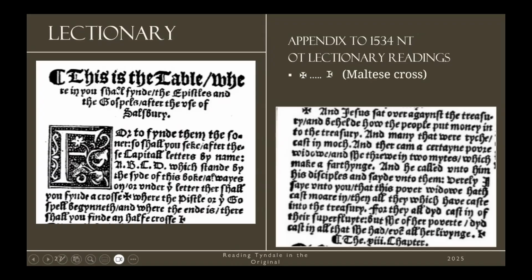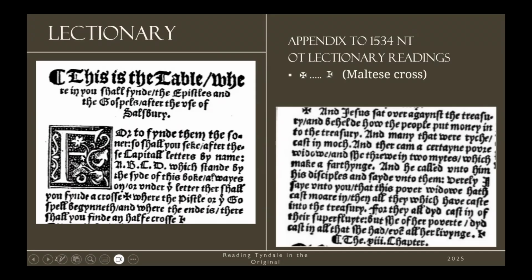And so if you see, this is the table wherein you shall find the epistles and the gospels after the use of Salisbury. Now, Salisbury was the lectionary system which was then adopted by the Church of England, which actually underpins the Revised Common Lectionary. And so the lectionary that he used is still very similar to the one today, except now it's over 3 years instead of one.